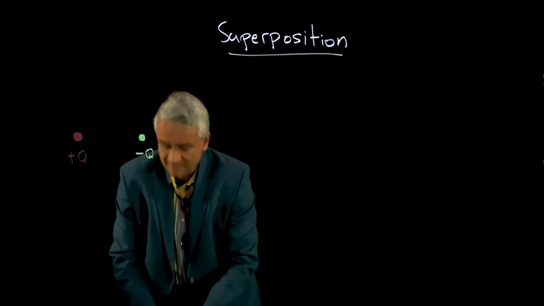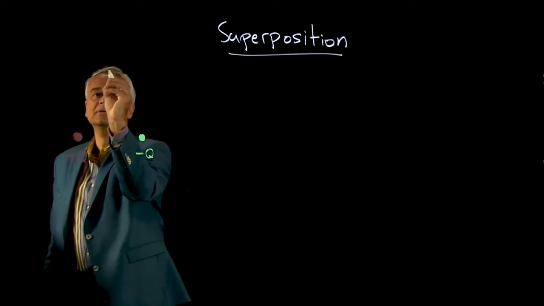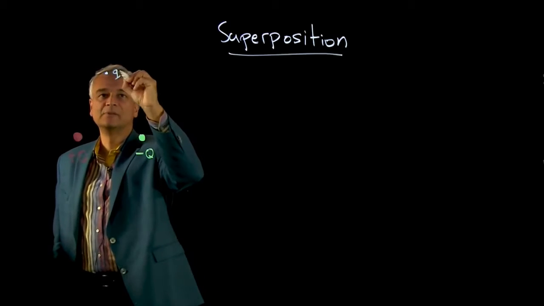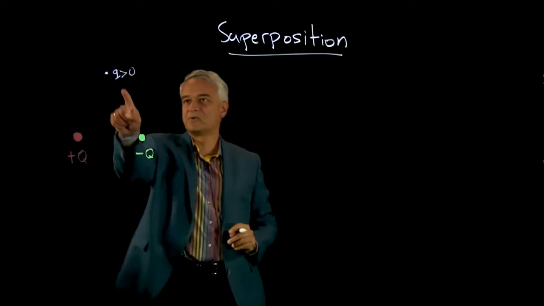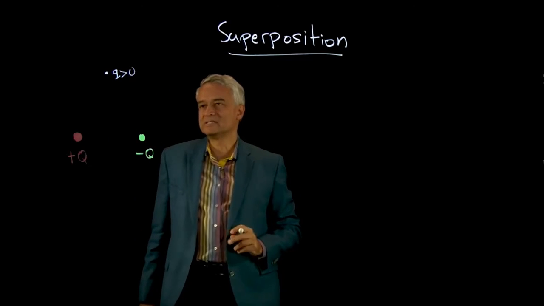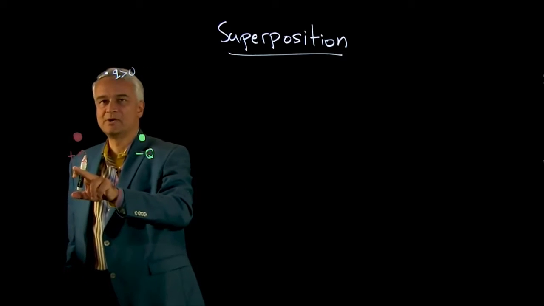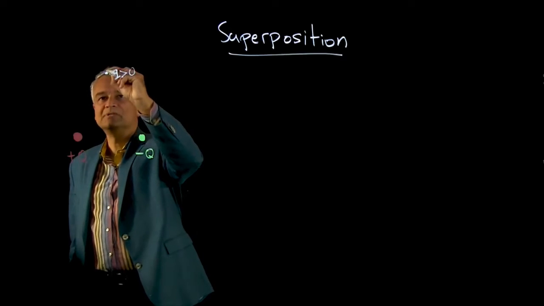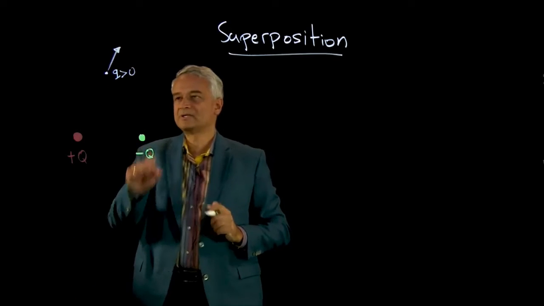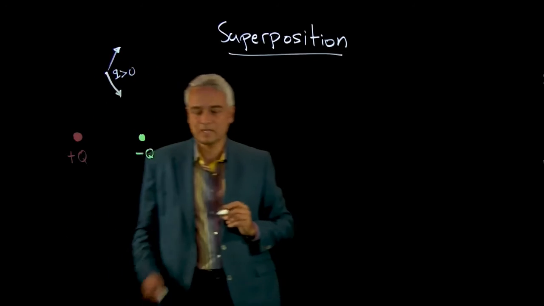And we then perhaps asked, what is the force on a test charge here? So let's say I have a little positive charge here, and we asked, what's the force on this? And we then said that the superposition principle tells us that the force on this little test charge is the vector sum of the force due to the interaction with this one, which pushes it this way, and the interaction with this one, which pushes it this way.